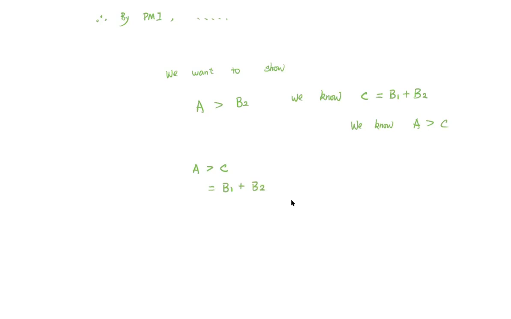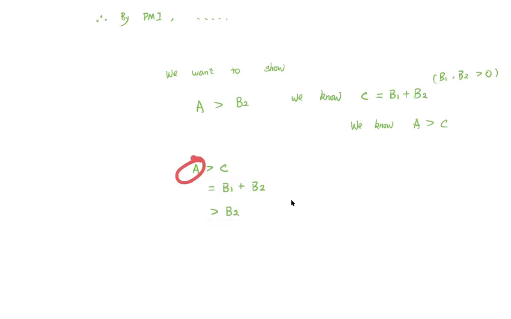Oh, also, B1 and B2 are both positive. So you want to show this is greater than B2, so you need to remove B1, and this is greater than B2. Therefore, A is greater than B2. I removed this because we don't need it.